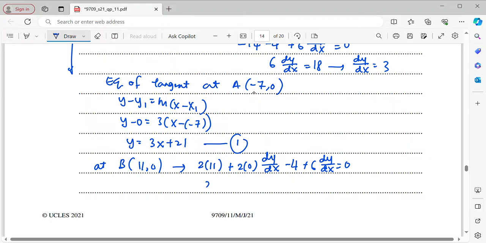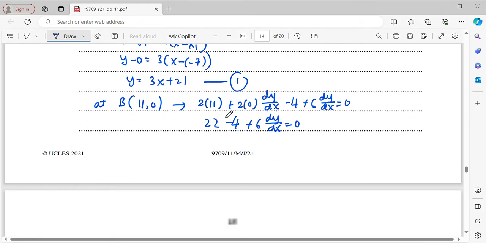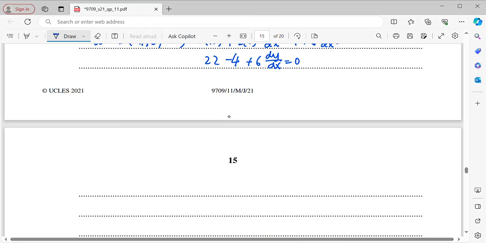Here you will get 22, the second term is 0, so minus 4 plus 6 dy/dx equals 0, which means I will get 18 plus 6 dy/dx equals 0. In other words, dy/dx is minus 3.